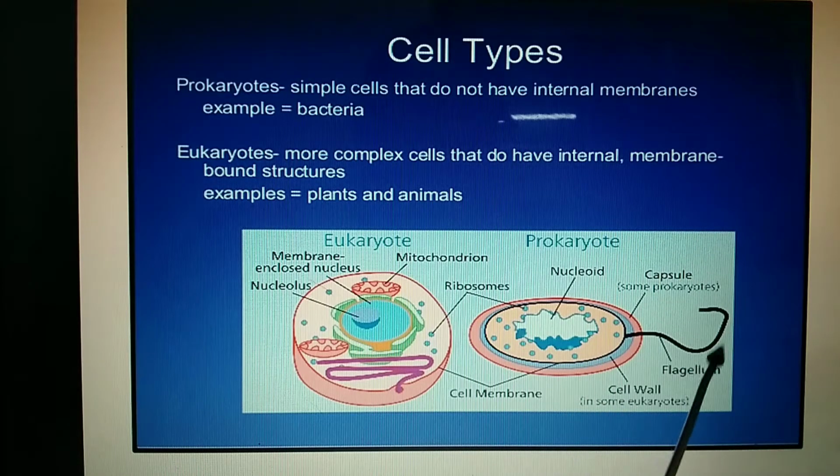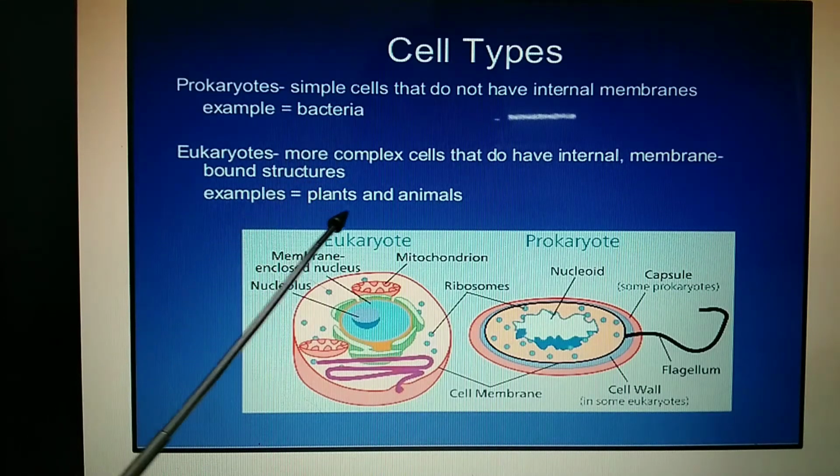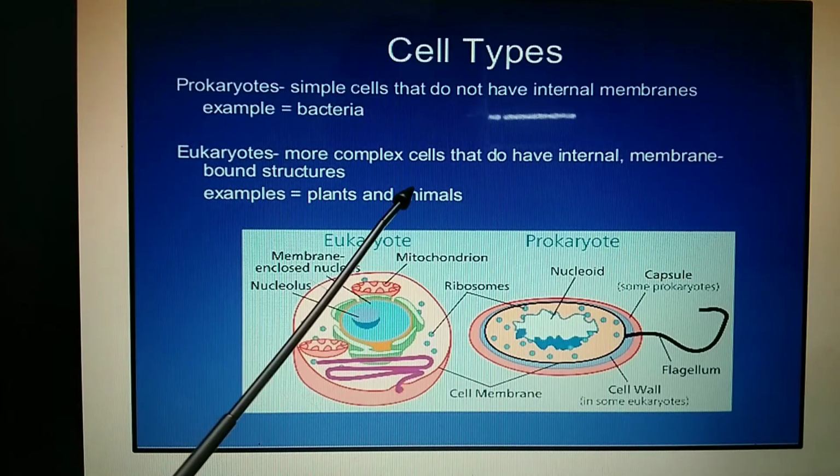It also has a flagella for movement. After the capsule, there is a cell wall and cell membrane, whereas in some cases the cell wall is also present in some eukaryotes, apart from the prokaryotes. So the examples for the eukaryotes will be plants and animals.